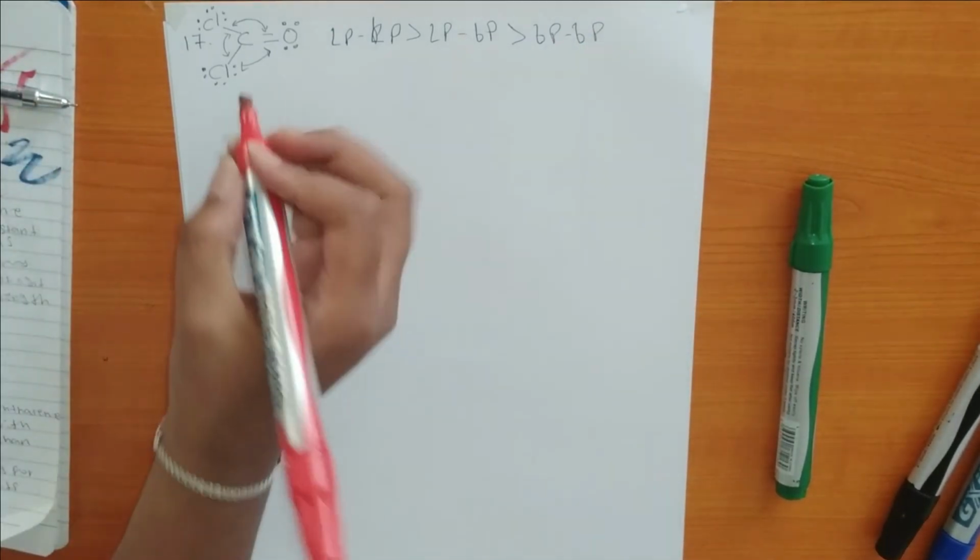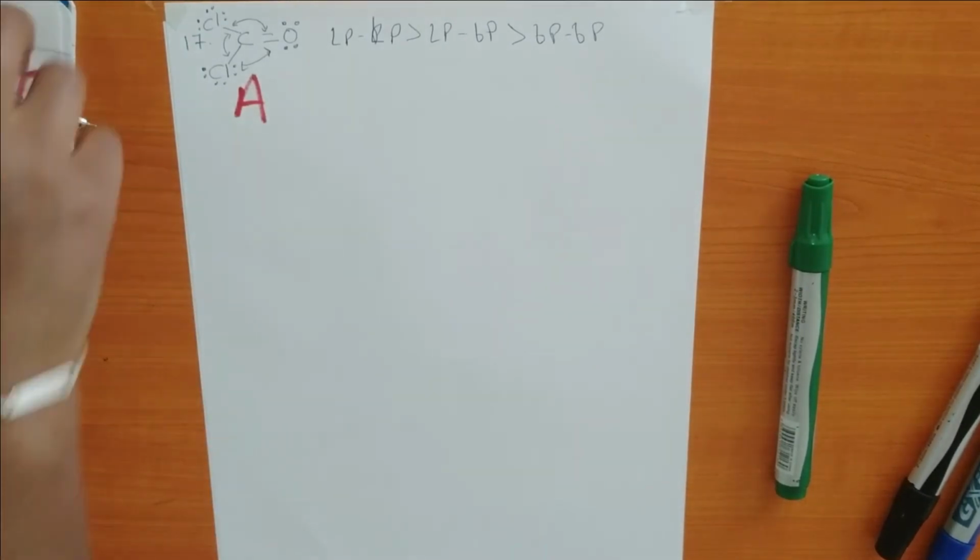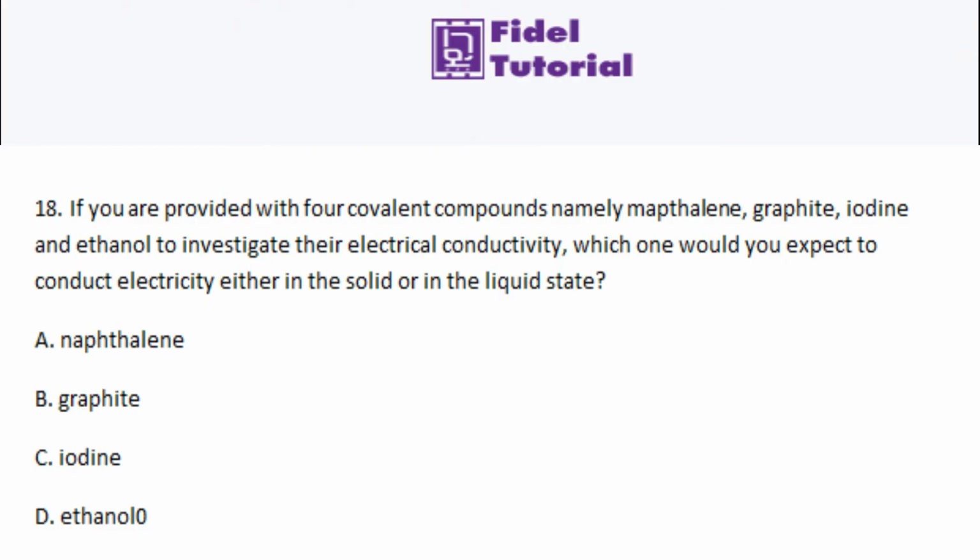Number 18. If you are provided with 4 covalent compounds, namely methanol, graphite, iodine, and ethanol, to investigate their electric conductivity, which one would you expect to conduct electricity either in the solid or in the liquid state? First, let's see their electric conductivity.